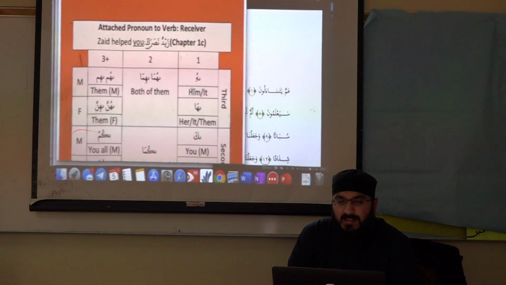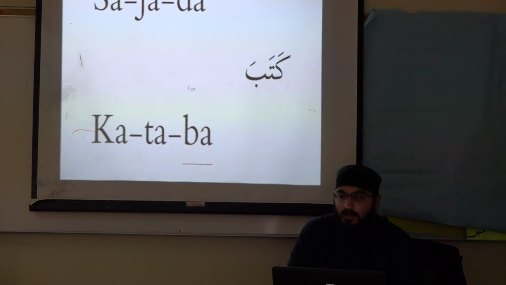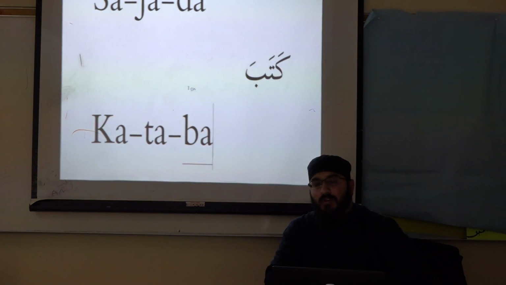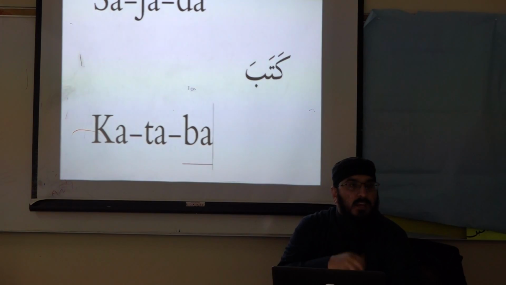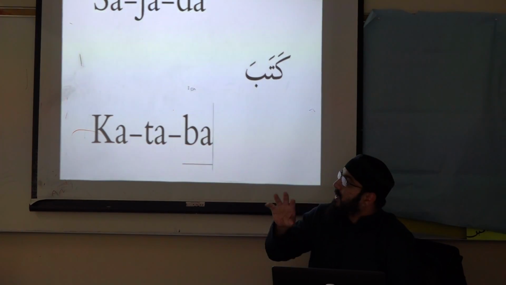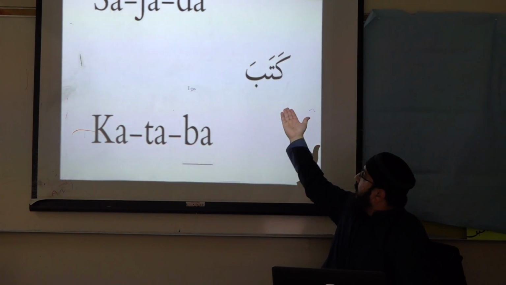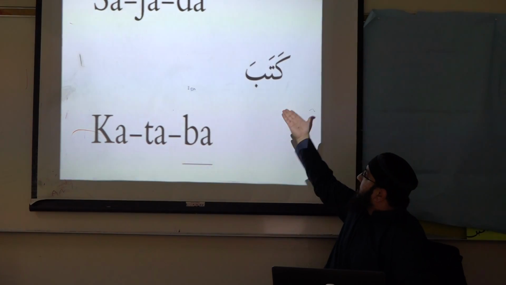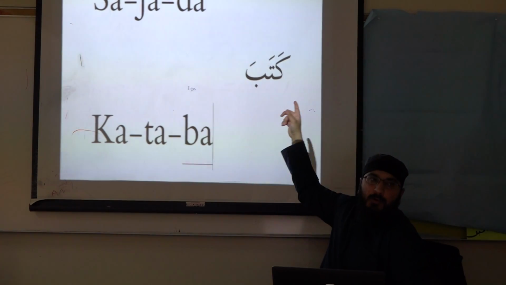We just call it an attached pronoun to a verb, but in Arabic at least it's called ضمير مستتر, meaning a hidden pronoun. It's hidden within the verb itself. So this verb, there's no pronoun here, it's just a verb, but there's actually a hidden pronoun inside of it.